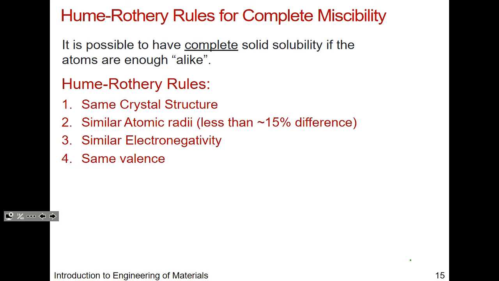So if there's atomic radii about 15% difference, right? These are somewhat heuristic, so they're empirically determined that this will most likely work. There are exceptions, of course. So that's going on to the crystallographic site itself.